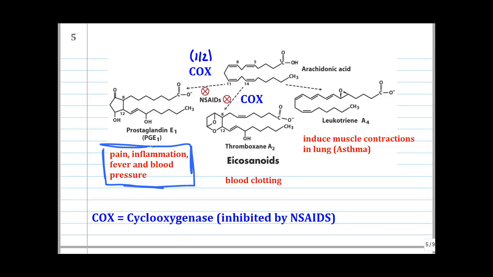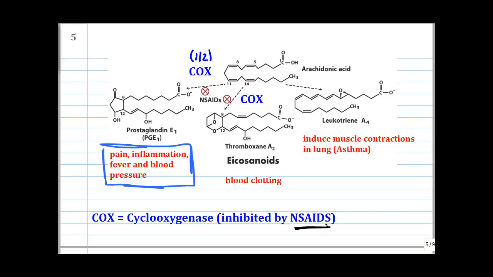So isn't it true, ladies and gentlemen, that if arachidonic acid is released from the membrane, but if we could prevent it from being converted to prostaglandins, then that would basically decrease pain and inflammation. And so really what was developed was a class of drugs that can inhibit cyclooxygenase, can inhibit COX. And these are called non-steroidal anti-inflammatory drugs. And we've mentioned those before, and we'll meet some of these in a few minutes.